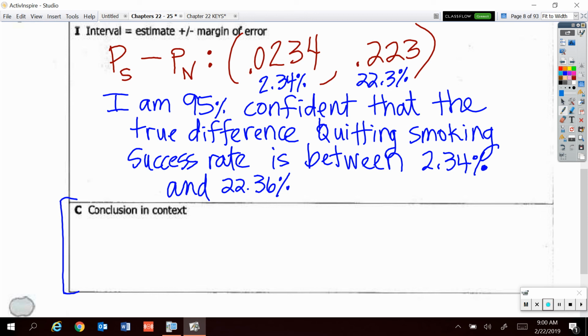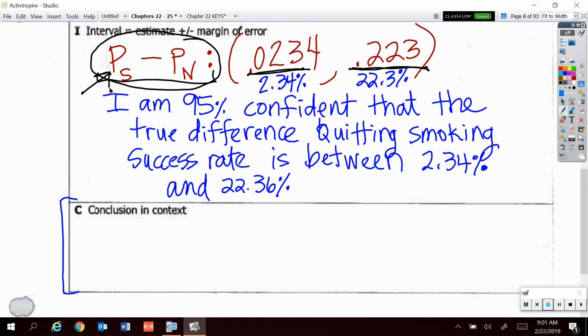Okay. So at this point, I need to know which one is higher or lower. I typically just always think which one is higher. So as far as which one had a higher success rate, if these numbers are positive, then which of the two proportions is the larger one? The P of S. Okay, so I'm going to say that again. If these numbers are positive, then I know the larger one is the first proportion that I subtracted with.